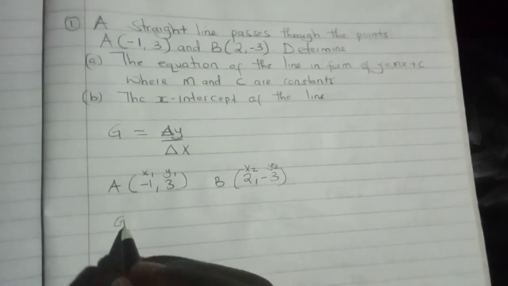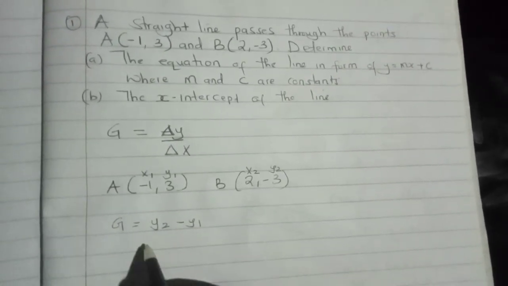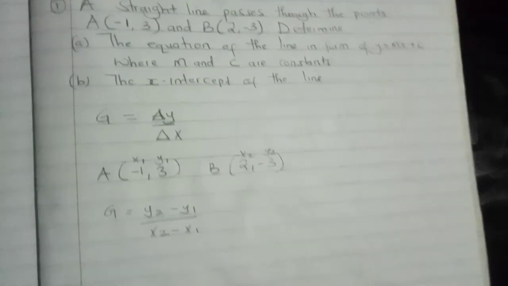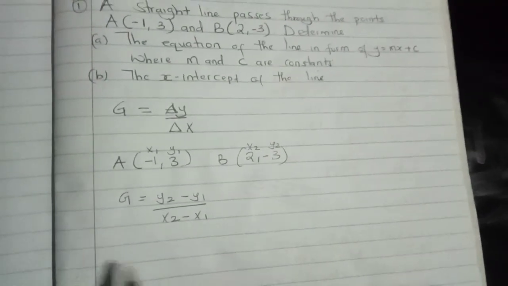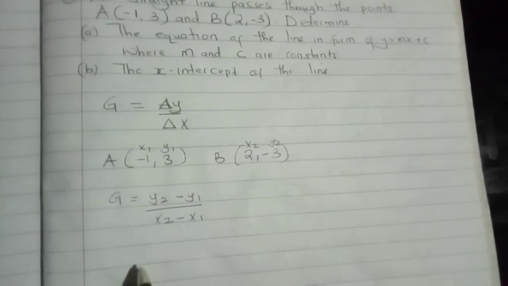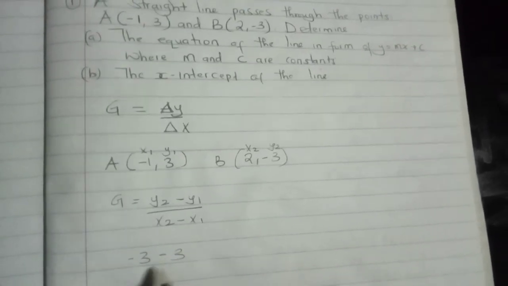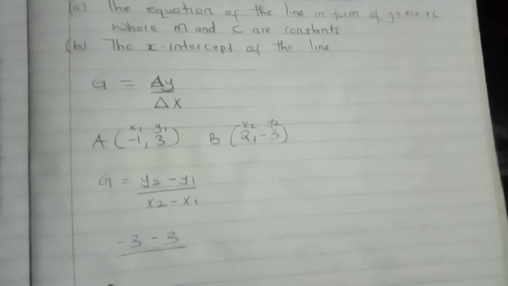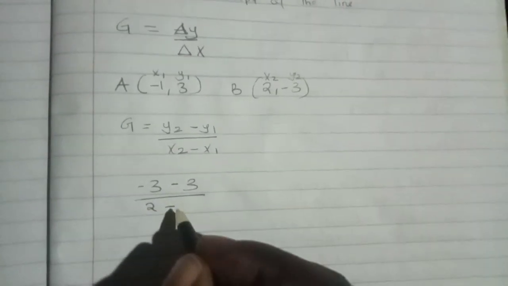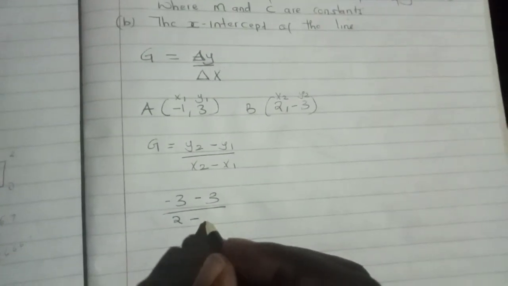To get the gradient, I'm going to have y2 minus y1 all over x2 minus x1. So that is going to be my y2, -3, minus y1, which is 3, all over x2, which is 2, minus x1, which is -1.